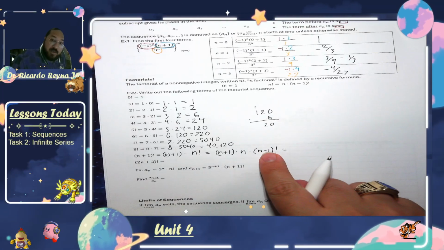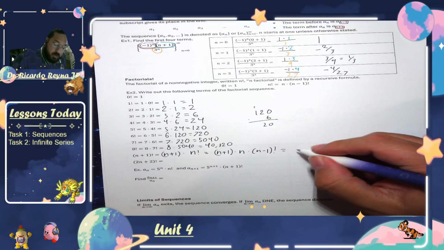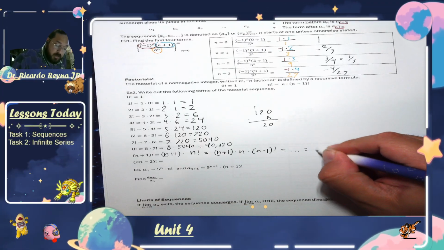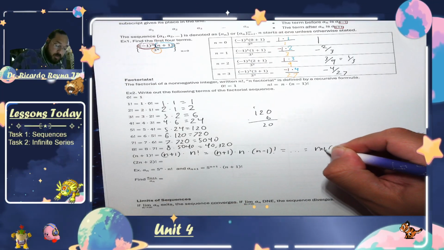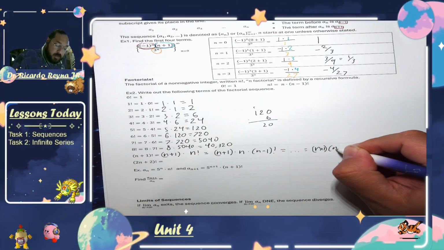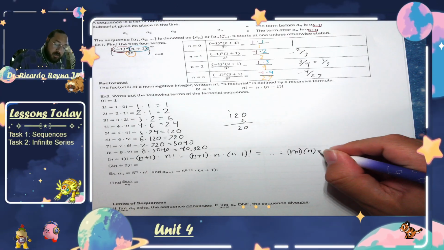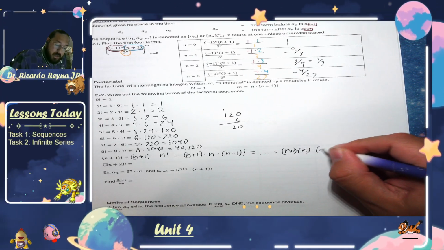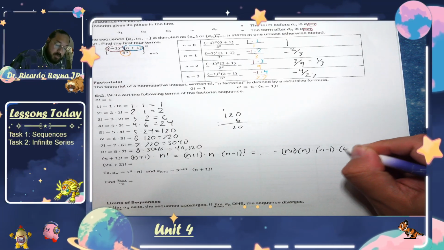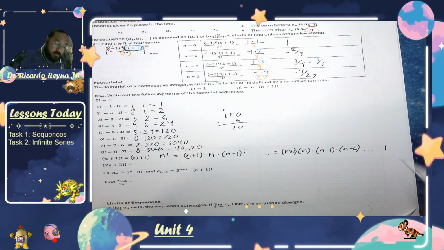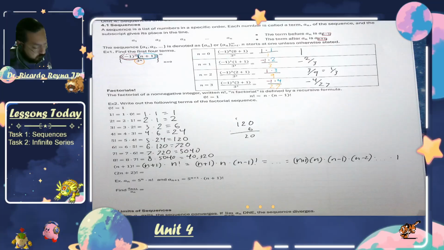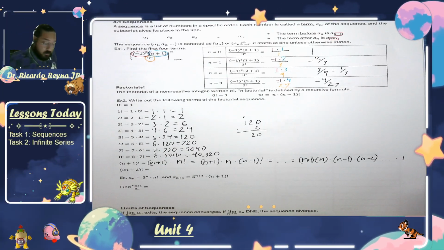And you can keep expanding this last factorial part until you get (n+1) times n times (n-1) times (n-2), and you would keep going until you have 1. And that would be your answer.